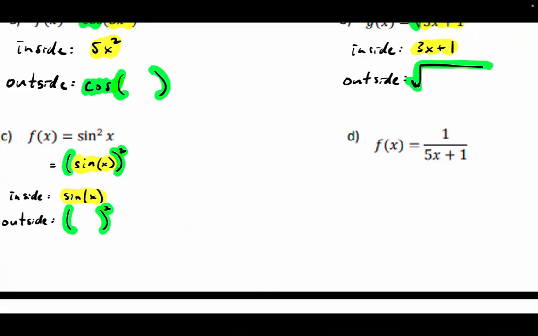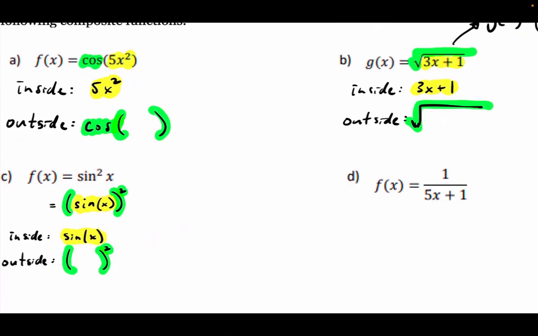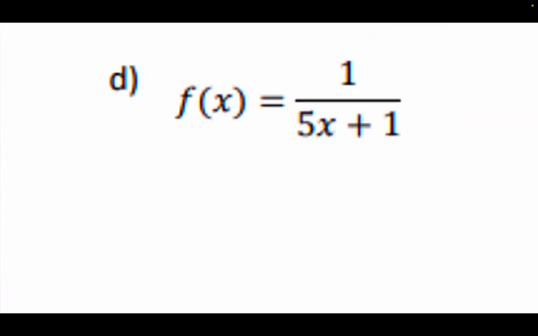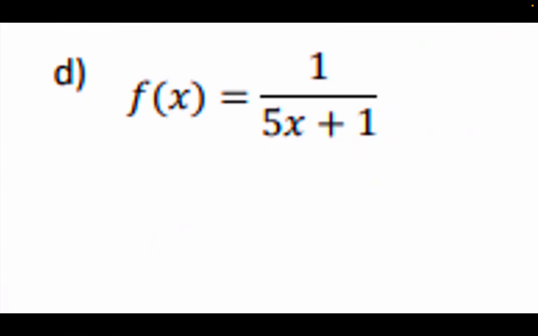So we always look for grouping symbols. When we're looking for inside, we look for grouping symbols. Grouping symbols are things like parentheses, brackets, roots, fractions. This is actually a grouping symbol. The top is a group, the bottom is a group, right?